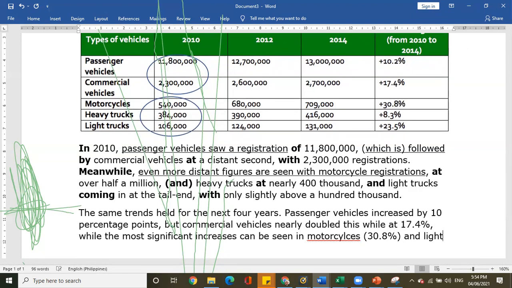And light trucks, 23.5%. I want to end it there, and I want to cap it with another simple sentence: heavy trucks witnessed the smallest increase in 4 years.